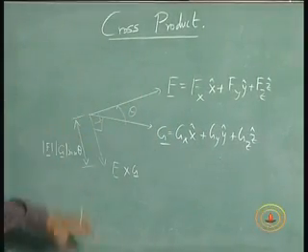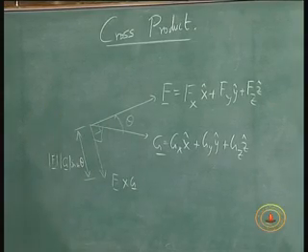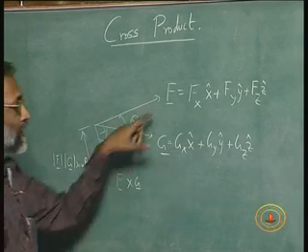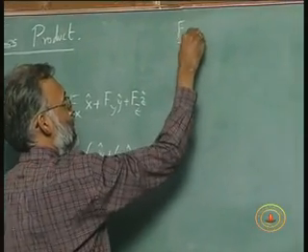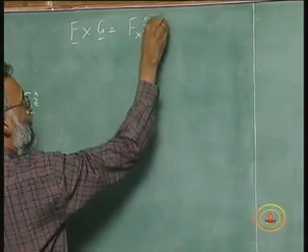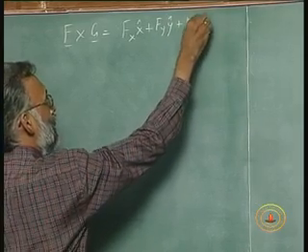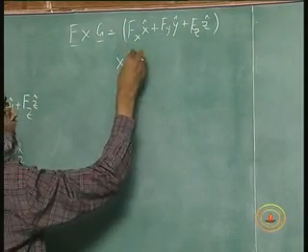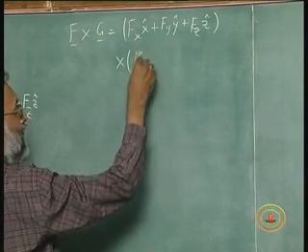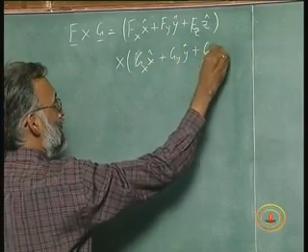This definition of cross product is actually what is called a bilinear operation. It is linear in each of the two vectors. So, the result is when you write f cross g, it is actually equal to the representation of each of these f x x hat, f y y hat, f z z hat cross g x x hat, g y y hat, g z z hat.